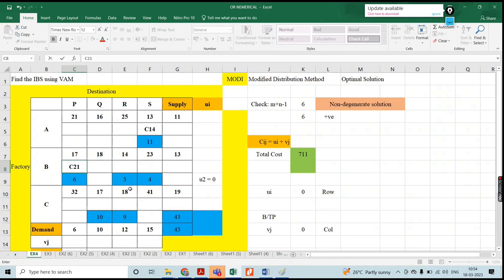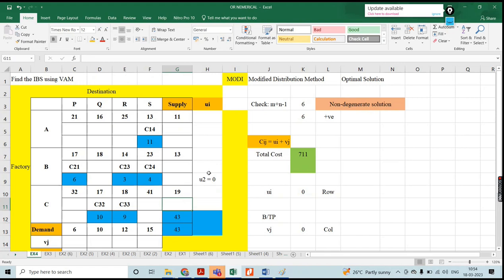C21. This is C23. This is C24. Then C32 and C33. Is this correct? Raise your hand. 13 is C14, 17 is C21, 14 is C23, 23 is C24, 17 is C32, then C33.